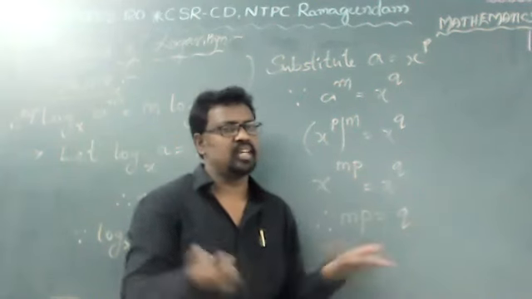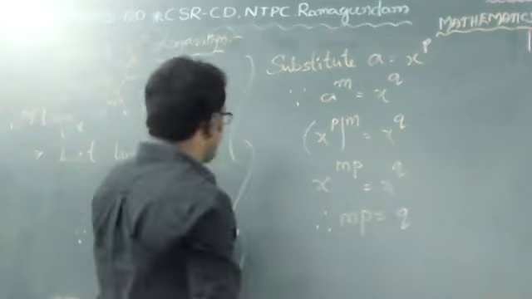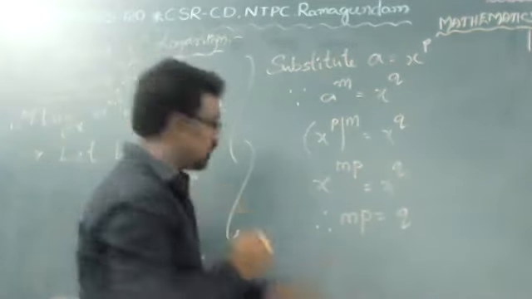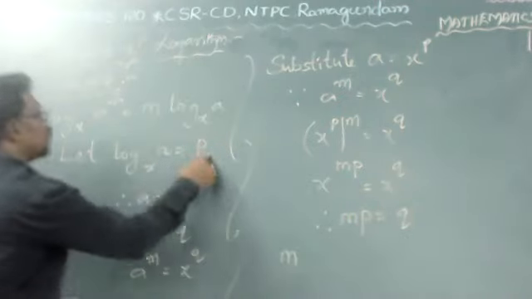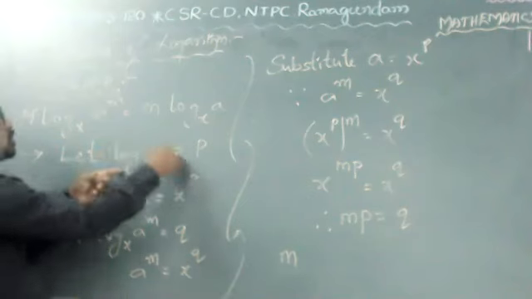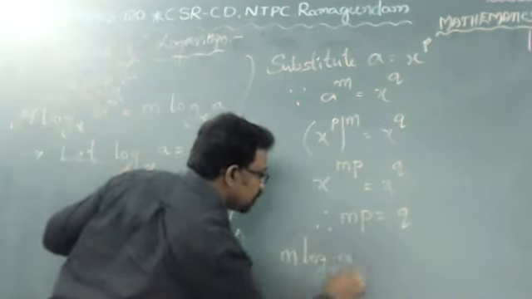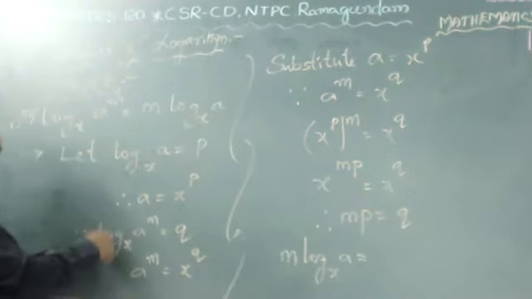Now just replace the values of what you thought here. M is what? Already I said it is a constant. You should not change that. M is m. P is equal to log a to the base x. What is q?